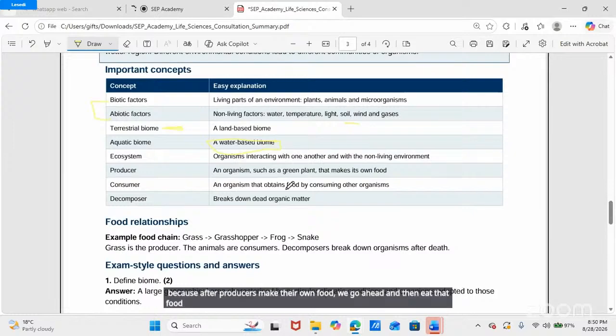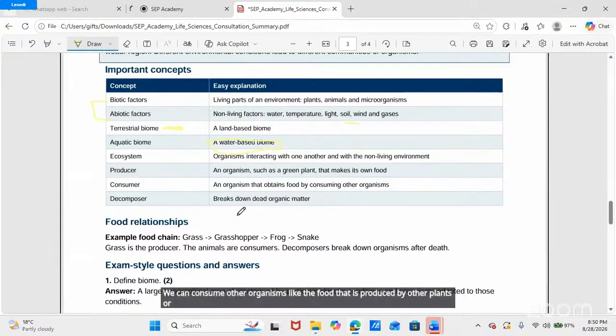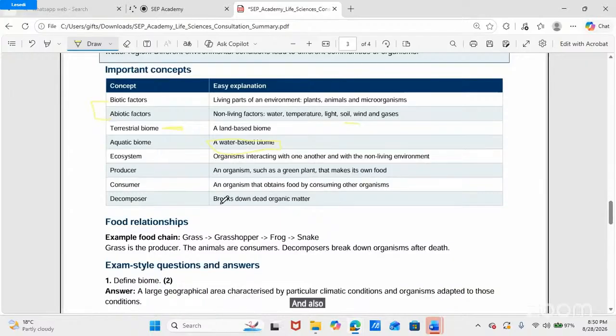So we are consumers that obtain food by consuming other organisms. We can consume the food that is produced by plants or other animals. You know that we eat chicken, we eat beef, we eat pork, and all those other things. And also other animals are consumers, like a lion eats other animals and it's a consumer.